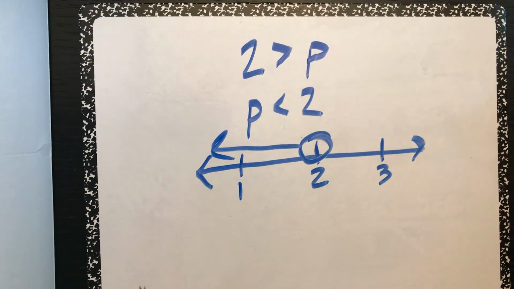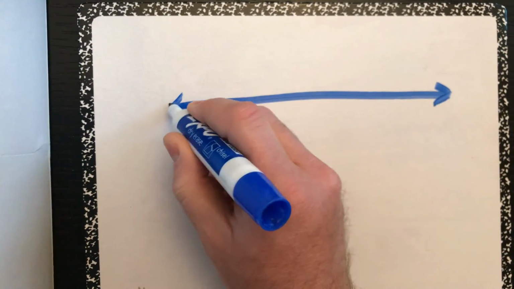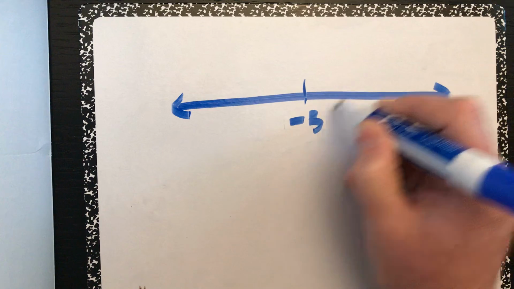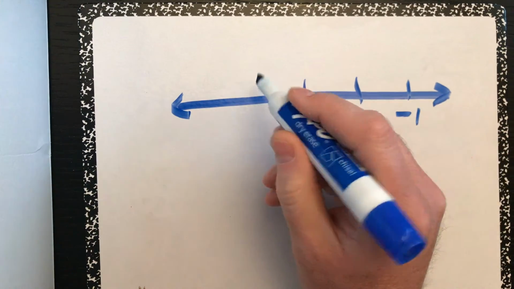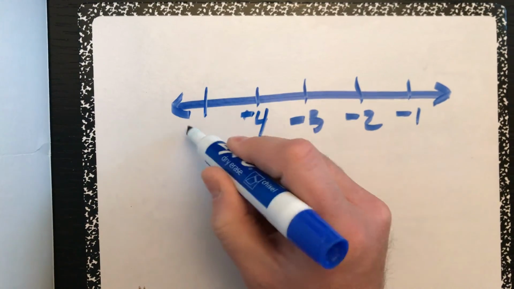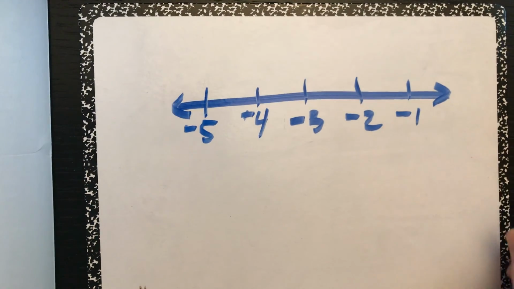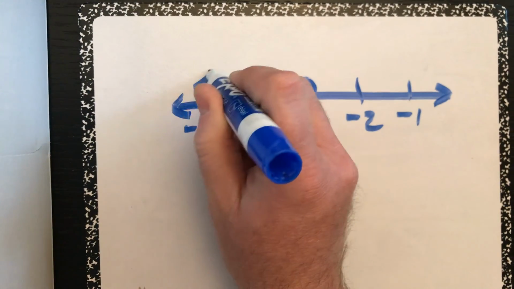Okay? And then sometimes they'll give you a number line, and like here's negative 3, negative 2, negative 1, negative 4, negative 5, and they fill the circle in right here, and they go this way.